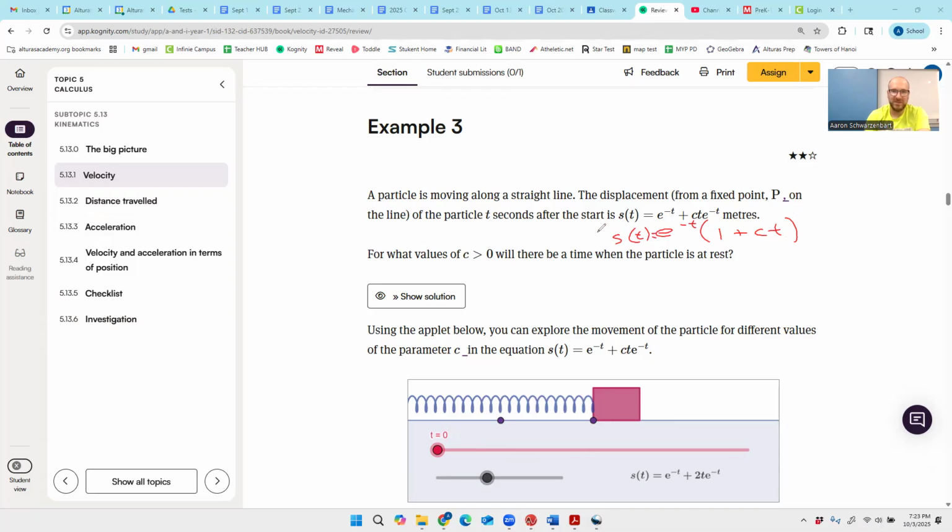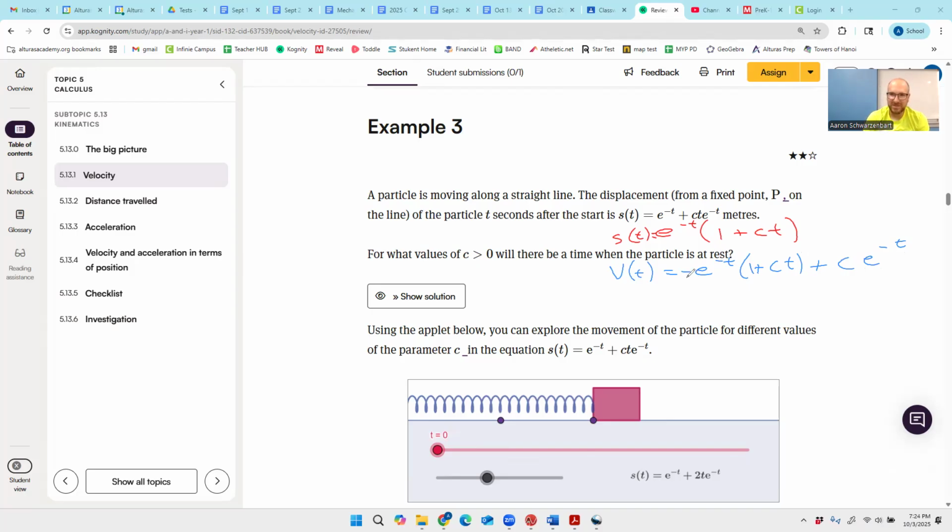Now I'm going to do the velocity, which needs a product rule. So negative e to the negative t, 1 plus ct, plus the derivative of that whole inside, which is c, so e to the negative t times c.